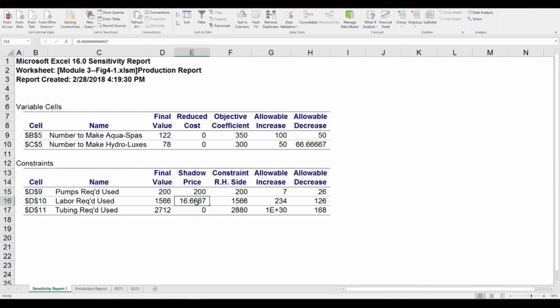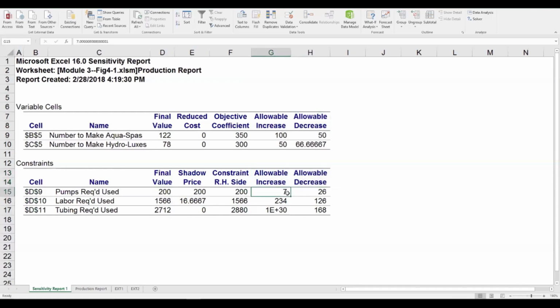As we have discussed previously, 16.66 means at most we would be willing to pay that much for each additional hour of overtime. In this table, we also have the allowable increase and allowable decrease. Combining these two, we get the range of feasibility.